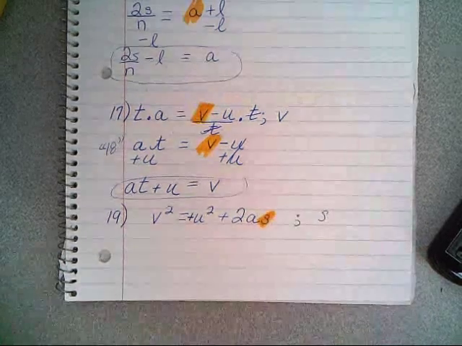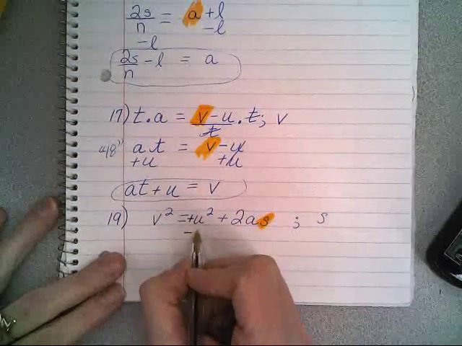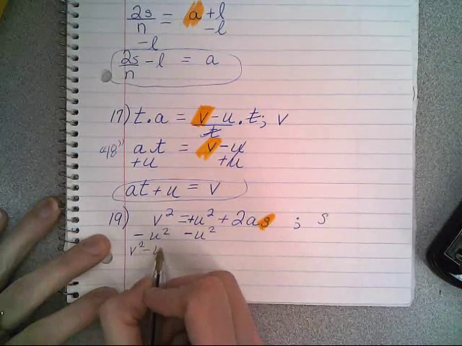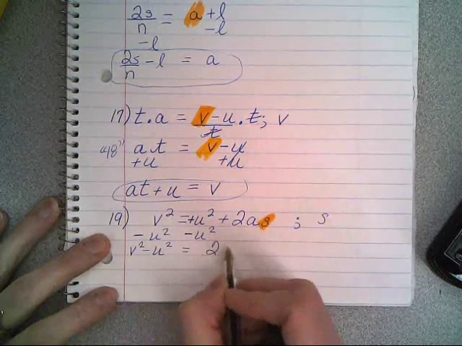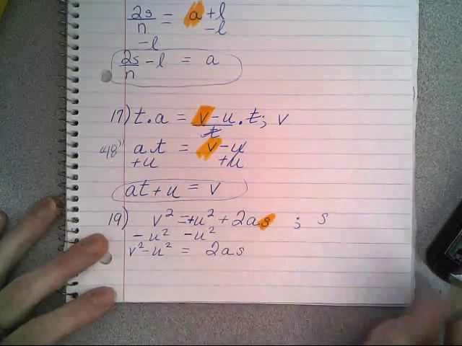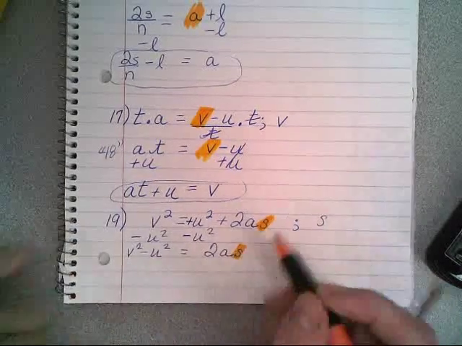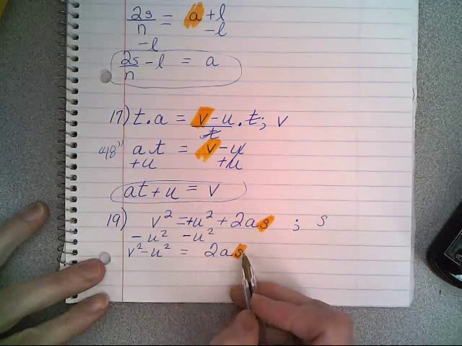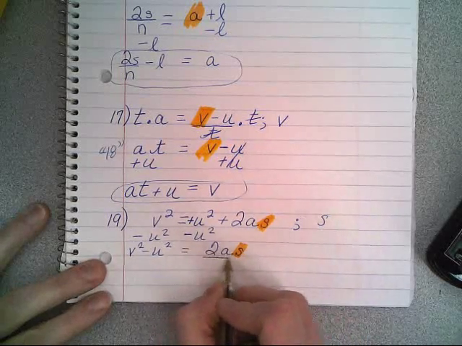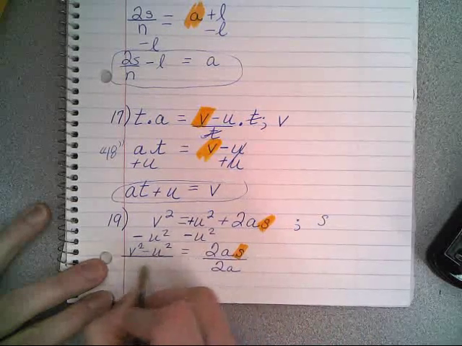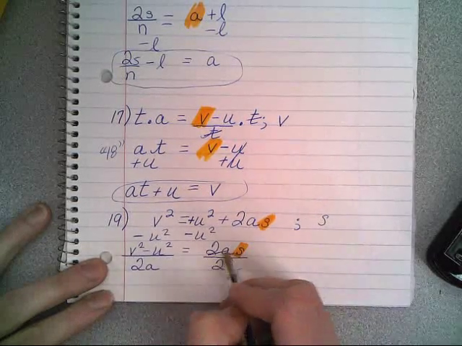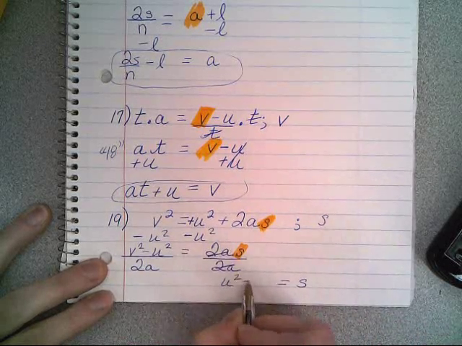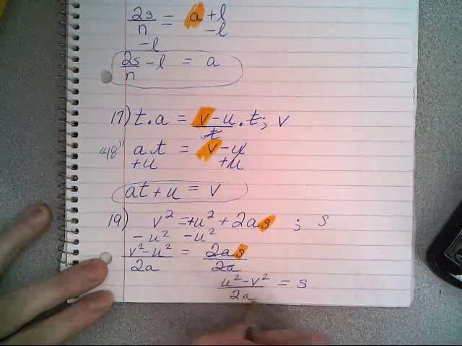If I subtract that u squared from both sides, I now have v squared minus u squared is equal to 2 multiplied by a multiplied by s. Instead of multiplying, we're going to divide out our 2a. That cancels these out, giving me s is equal to v squared minus u squared over 2a.